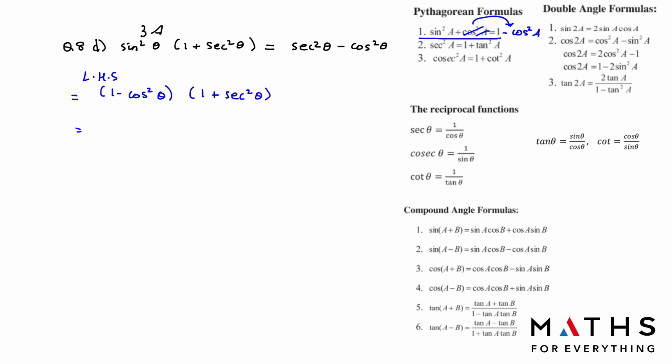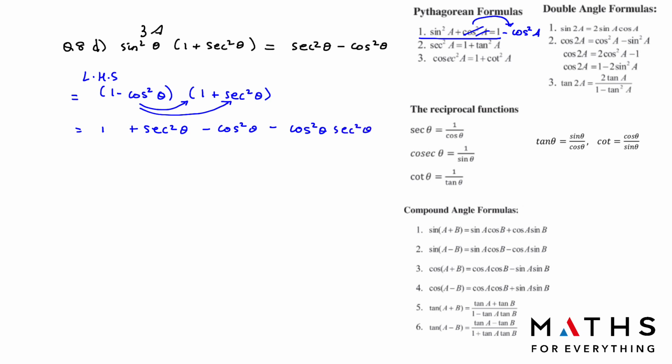Be careful. 1 multiplied by 1 will give us 1. 1 multiplied by sec square theta will give me sec square theta. Negative cos square theta multiplied by 1 is negative cos square theta. Negative cos square theta multiplied by sec square theta is negative cos square theta multiplied by sec square theta.